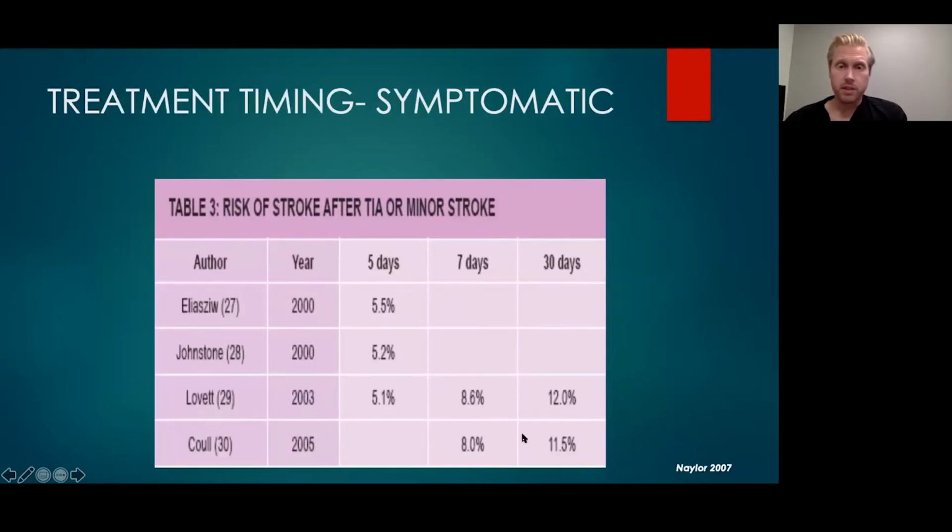What is the risk after a TIA or a stroke in symptomatic patients? And so a large number of these strokes actually happen pretty soon after the initial event of a TIA or stroke. You can see about 5% in the first 5 days and up to the low teens within 30 days of a repeat stroke.